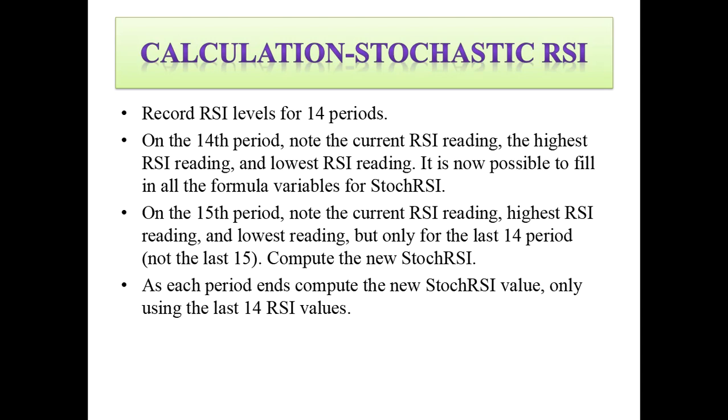On the 15th period, or the n plus 1 period, note the current relative strength index reading, the highest and the lowest RSI reading, but only for the last 14 and not the last 15. Compute the new stochastic RSI. As each period ends, compute the new stochastic RSI value only using the last 14 relative strength index values.